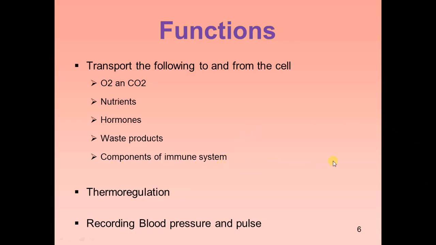Thermoregulation: maintenance of temperature is mainly achieved by vasoconstriction or vasodilatation, so they are also involved in thermoregulation. And of course, we use the blood vessels for recording the blood pressure and also the arterial pulse.